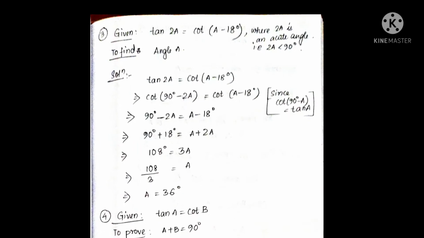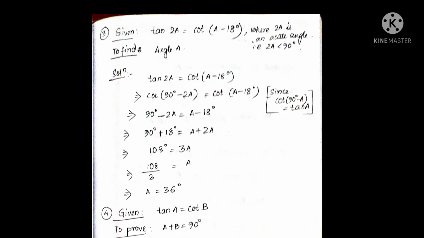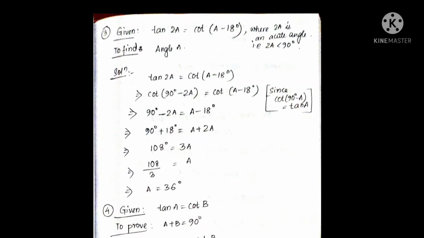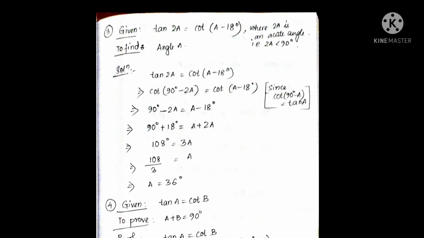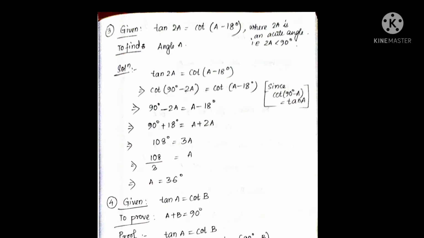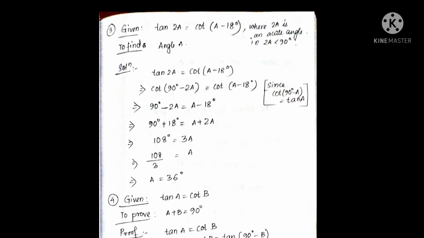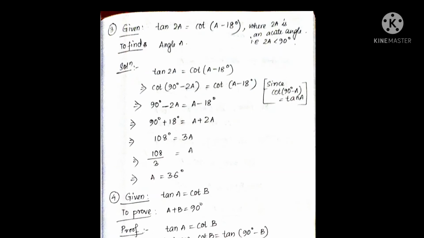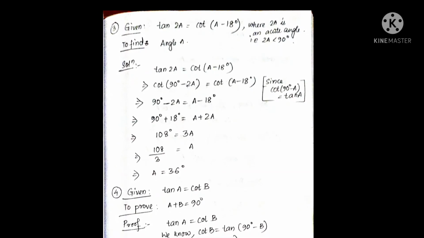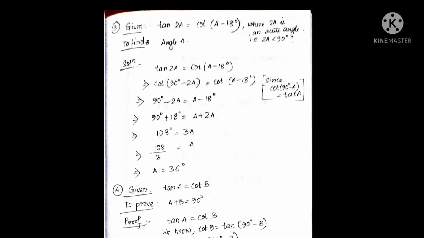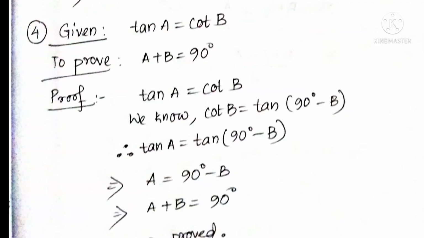In an equation the left hand side part is equal to the right hand side part, and they are equal because their values are equal. So we can remove the cot part. So the remaining will be 90 degree minus 2a is equal to a minus 18 degree. So after simplification, we will get the value of a is equal to 36 degree.